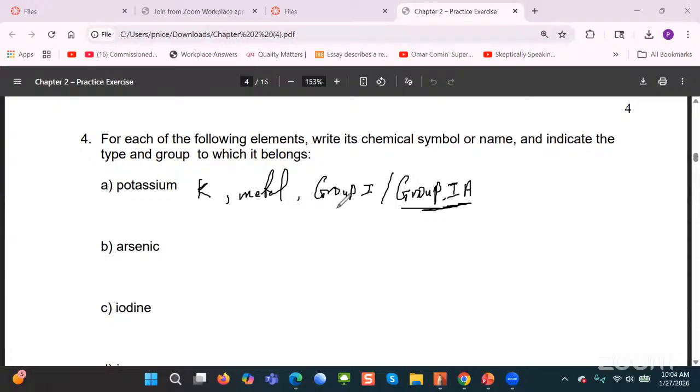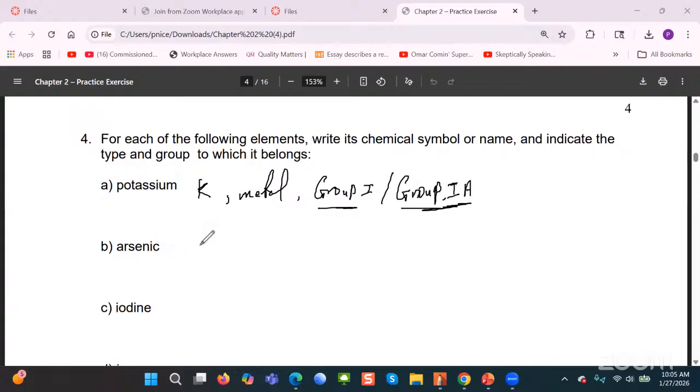The newer system is Group 1. Somewhere along the line, they decided to change the rules and designate what was considered Group 1A as Group 1. And to be perfectly frank, both systems are used today, so it doesn't matter which one you use.